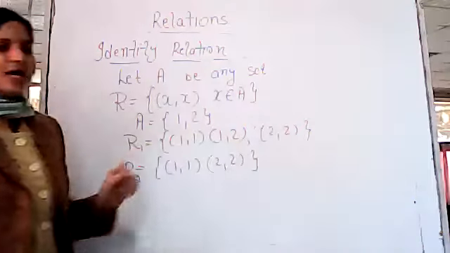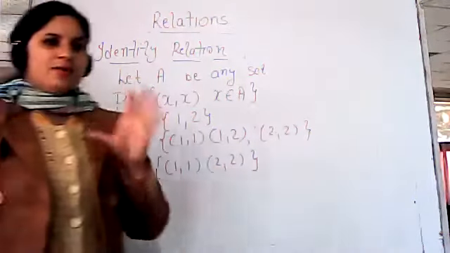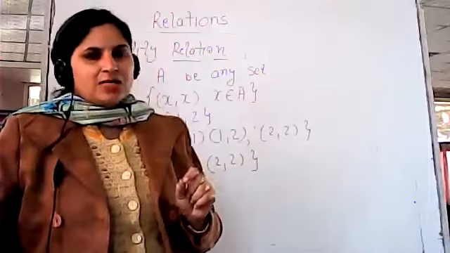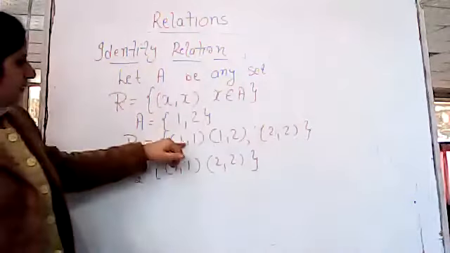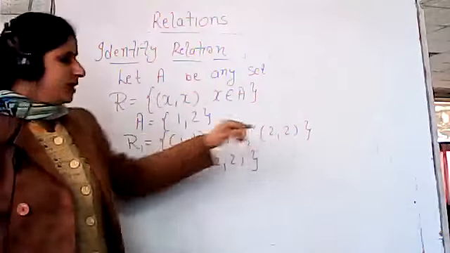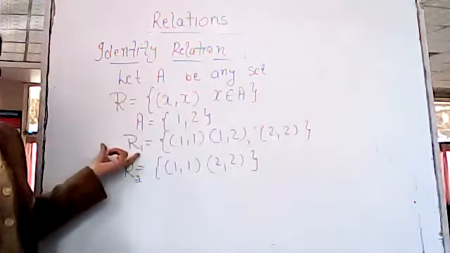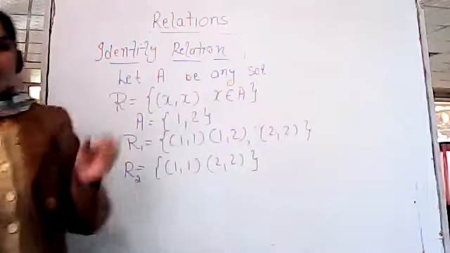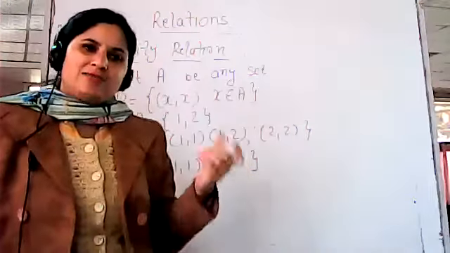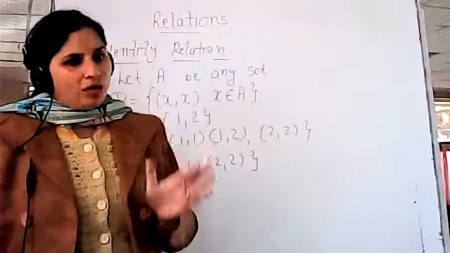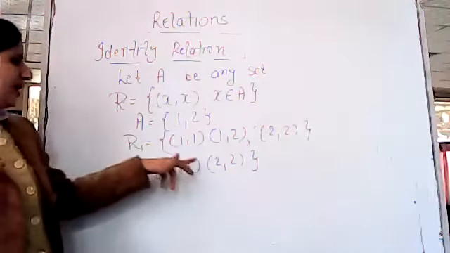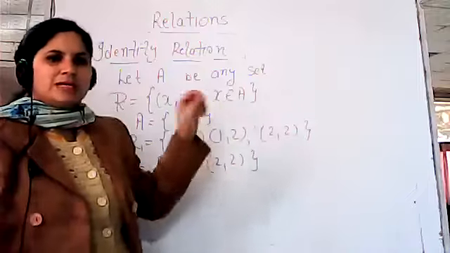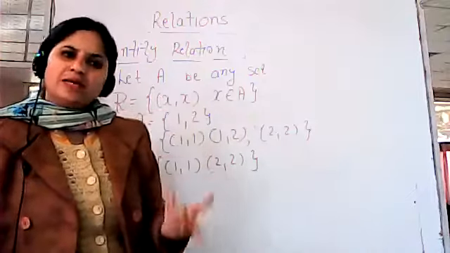It means this relation is a reflexive relation, because in reflexive relation there exists a different ordered pair. In case of reflexive relation, we have ordered pairs which are related to itself and other ordered pairs also exist. But in case of identity relation, we have only those pairs in which the element is related to itself only.